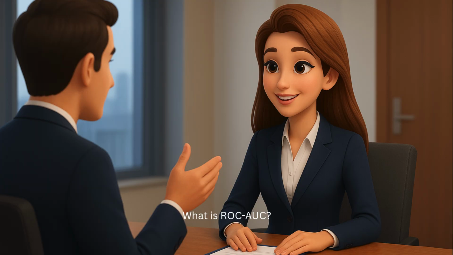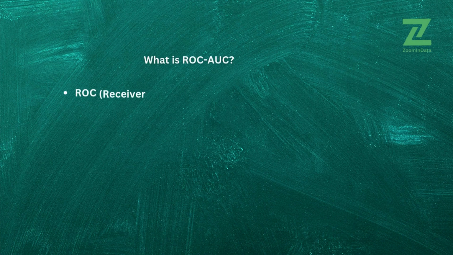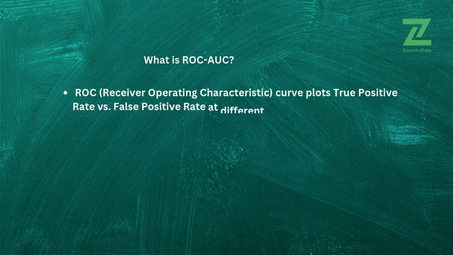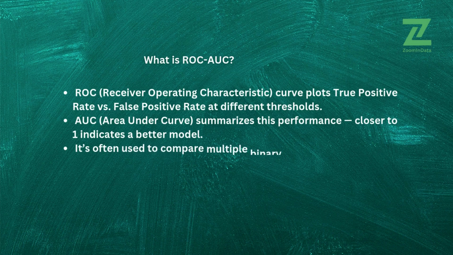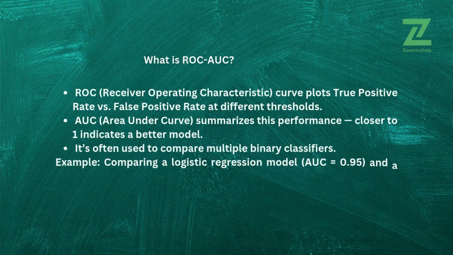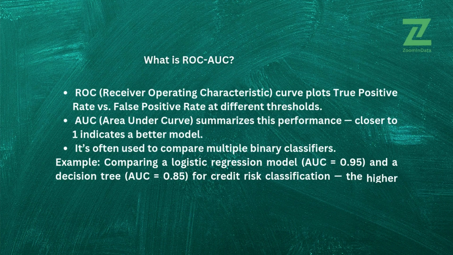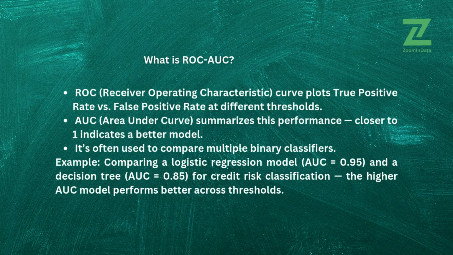What is ROC and AUC? ROC, Receiver Operating Characteristic, curve plots true positive rate versus false positive rate at different thresholds. AUC, Area Under Curve, summarizes this performance. Closer to 1 indicates a better model.